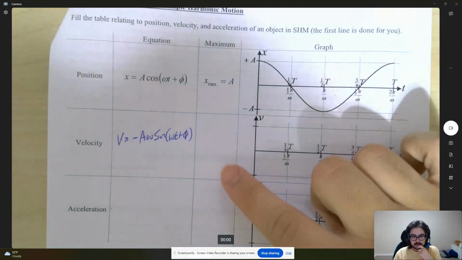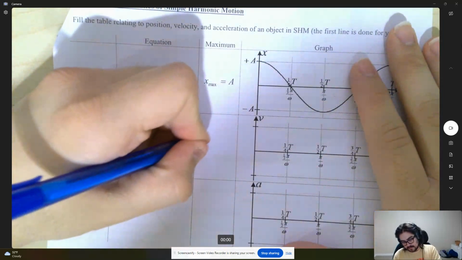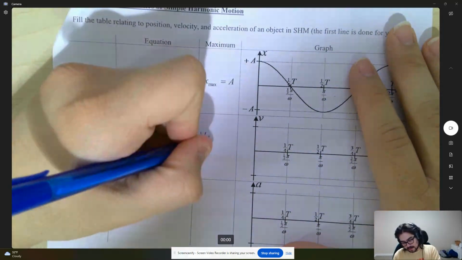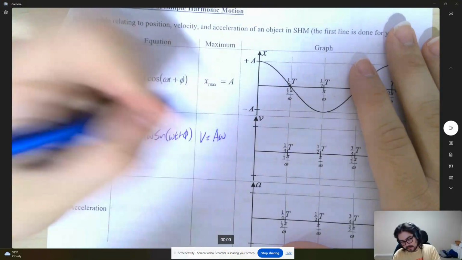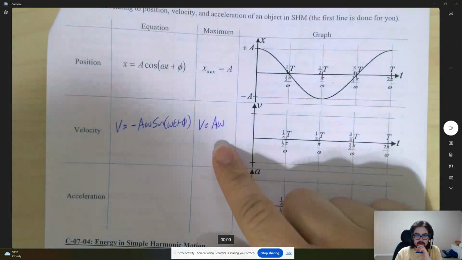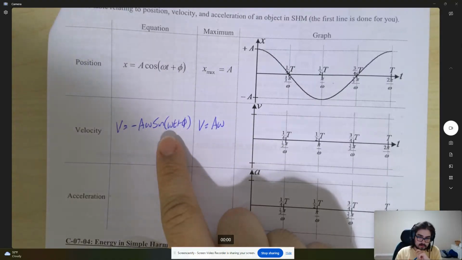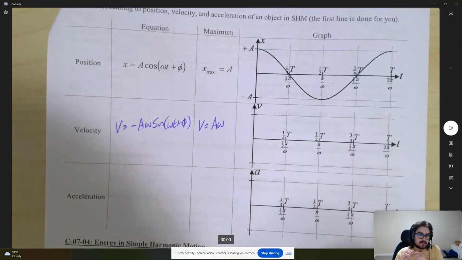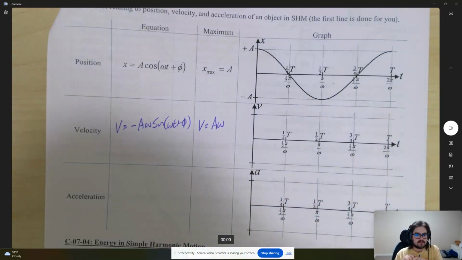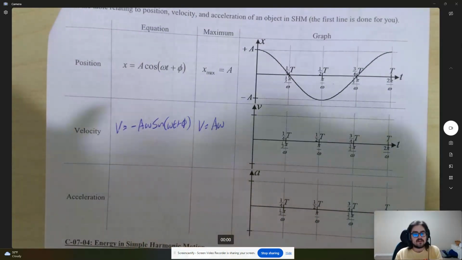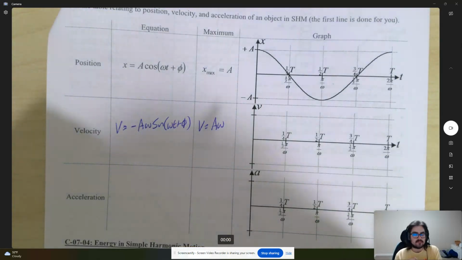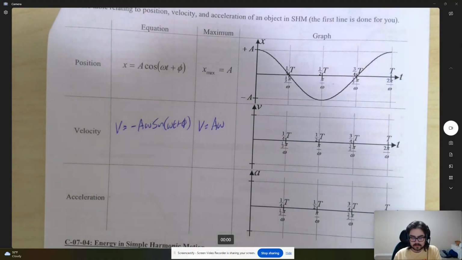And my maximum in this case is going to be v equals A omega, because the maximum occurs when the trig function resolves to 1, or negative 1. I guess negative 1 would be the minimum, or, because you've got a negative right in front, it would be when it resolves out to negative 1, but it doesn't really matter, right? And so yeah, there's that.